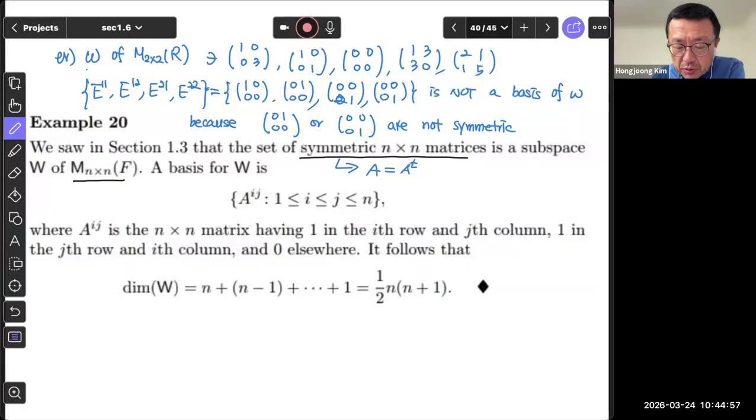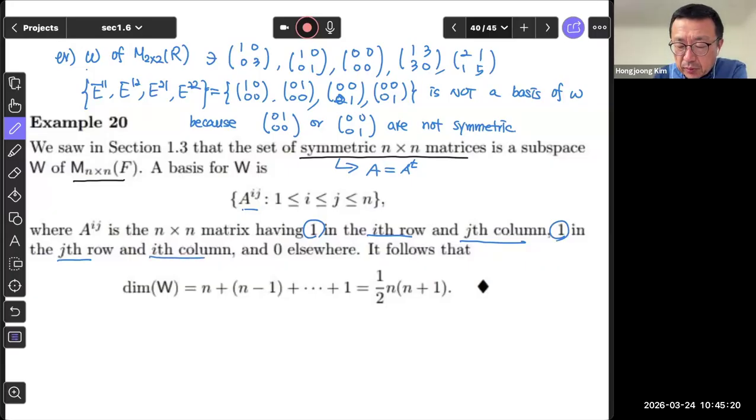Instead, we can consider the following matrices: A to the ij, where A to the ij is the n by n matrix having 1 in the ith row, jth column, and one more 1 in the jth row and ith column.